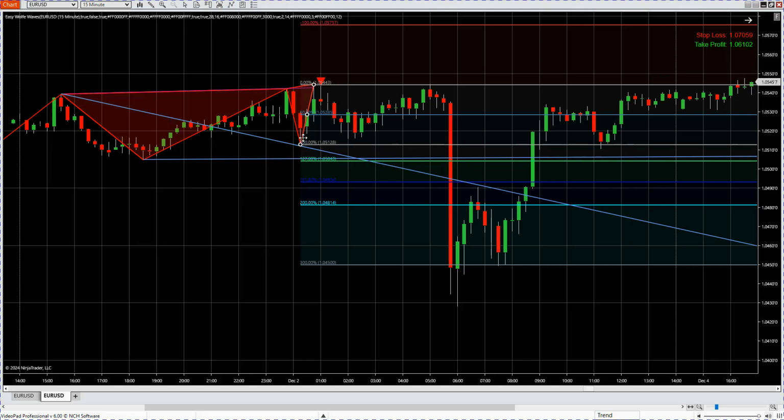So the Fibonacci scale is based on the last leg of the pattern from here to here, okay? And so the first point is exactly the same.